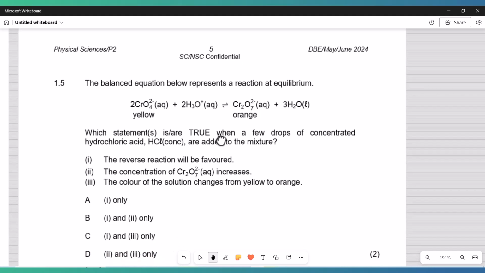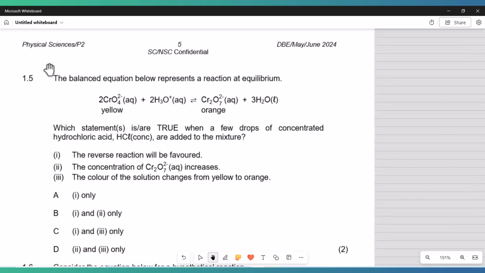Next question here, that is question 1.5 now. They said that the balanced equation below represents a reaction at equilibrium. This is chromate ions, which is yellow, okay, plus hydronium ions to give us dichromate, which are orange ions, plus water, which is liquid. They say which statements is or are true when a few drops of concentrated hydrochloric acid are added to the mixture.